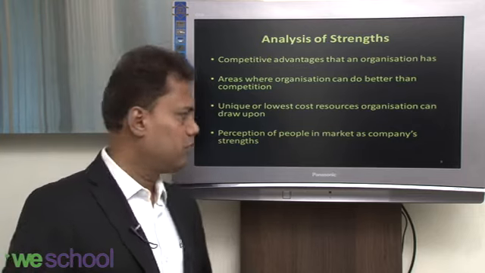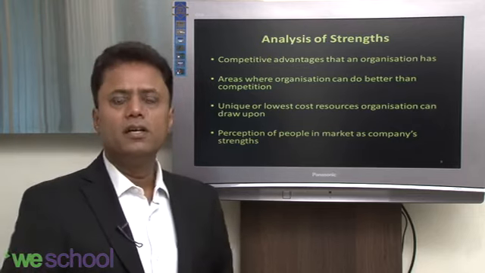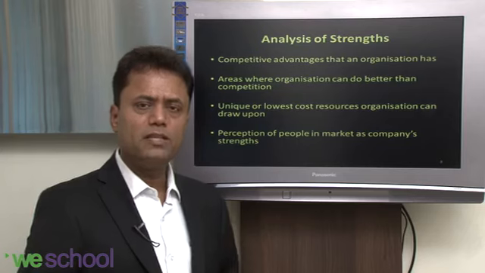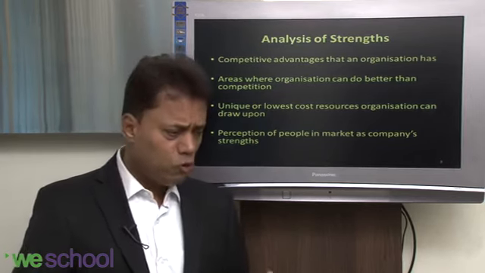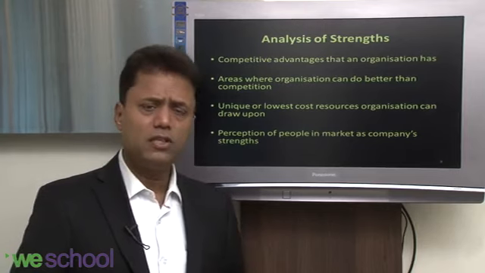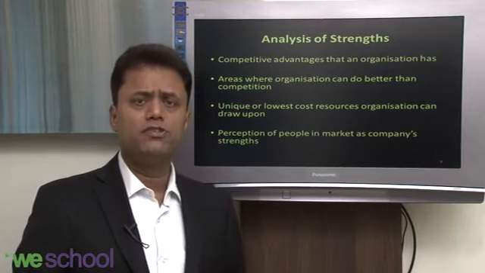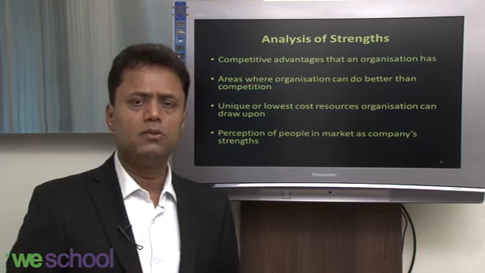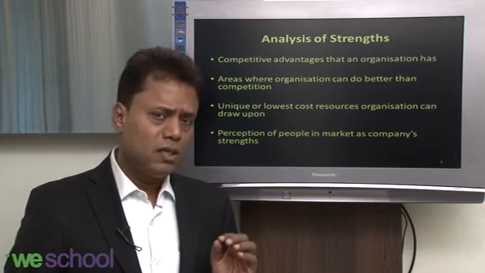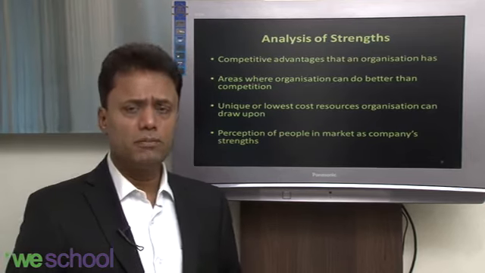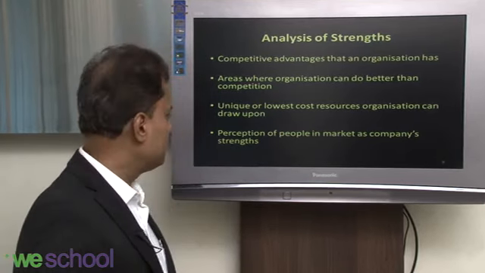It could be a strength for the organization. You are able to set up a factory in a place where you are able to get fresh engineering graduates, and you put them on 3 months, 6 months training, and they are ready to do the job. So, are you able to leverage? Are you able to draw upon such capabilities?